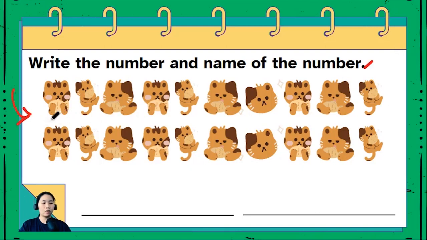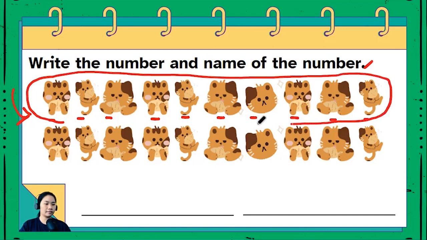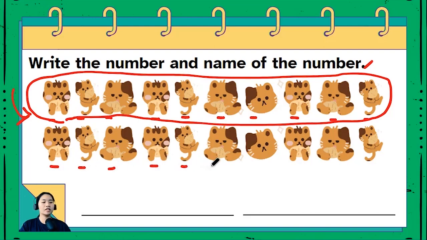Let's count. 1, 2, 3, 4, 5, 6, 7, 8, 9, 10. So let's circle this group of 10 and continue to count down here. 1, 2, 3, 4, 5, 6, 7, 8, 9, 10. We have another group of 10.